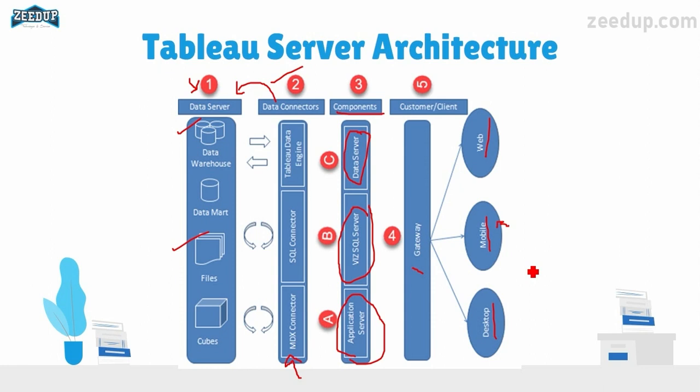Not only view it, if you want to change something in it, you can do that too. The browser and the application can be used to view and edit the contents of the workbook, and it could be opened with the help of a mobile app, Tableau Mobile actually, which is available for download on Google Play Store and App Store.